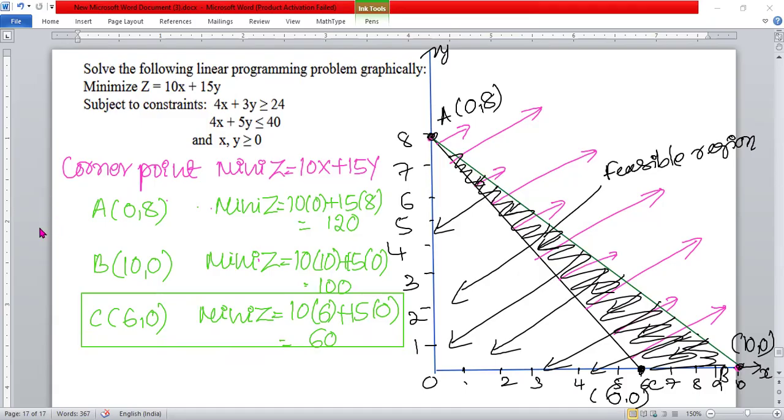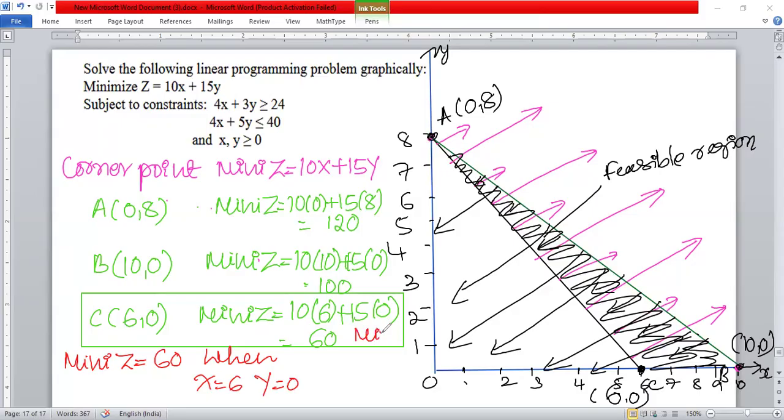So final answer, minimum Z is equal to 60 when X is equal to 6, Y is equal to 0.